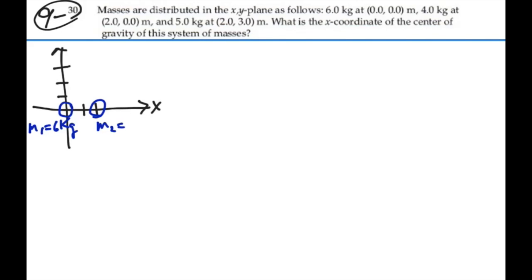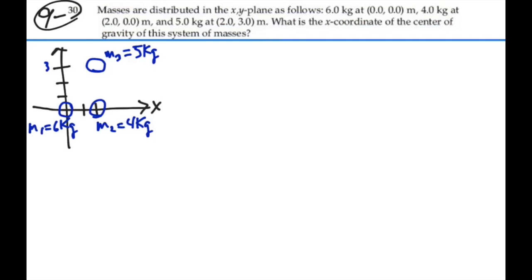Let's call that mass 2, 4 kilograms. And we have another one at x equals 2, y equals 3. Let's call that mass 3. And that happens to be 5 kilograms. So here's the way our system looks, and we want to find the x-coordinate of the center of gravity.